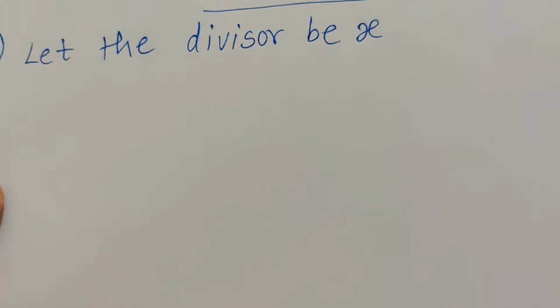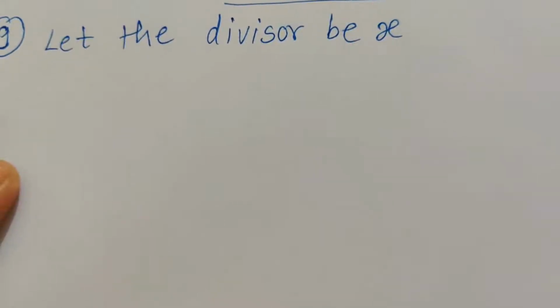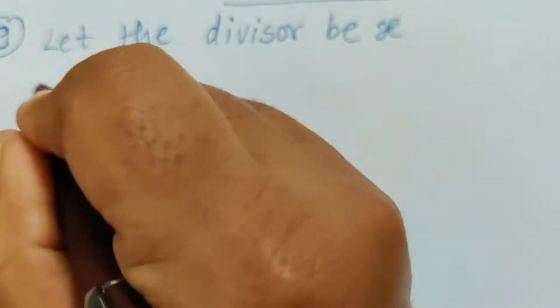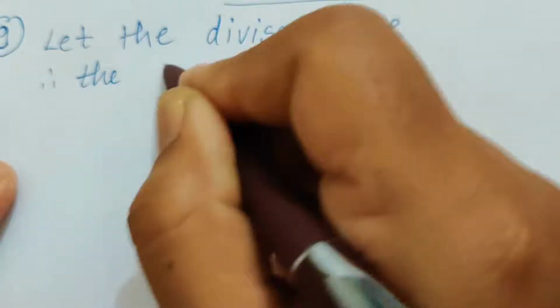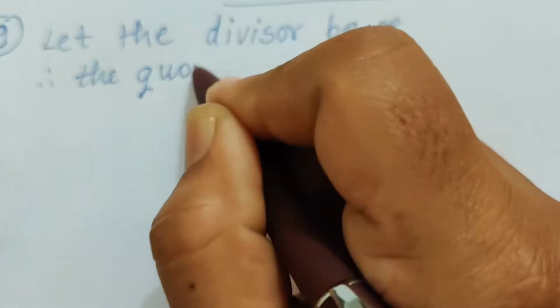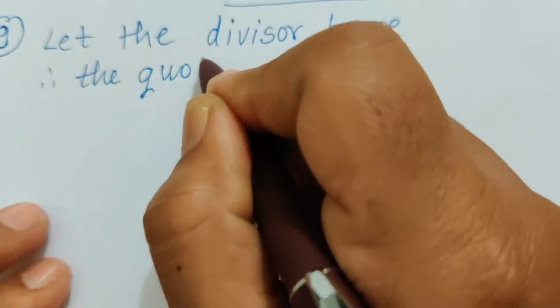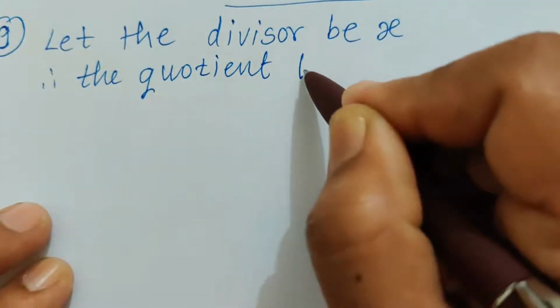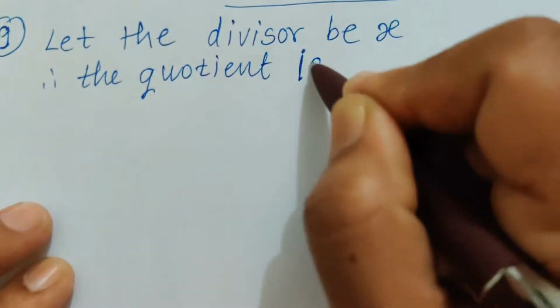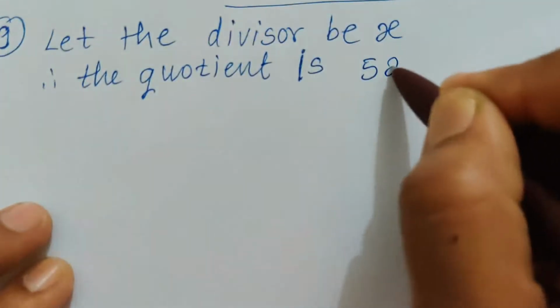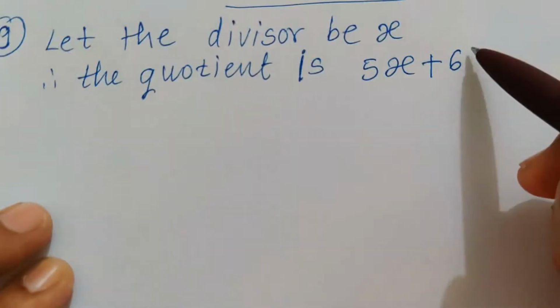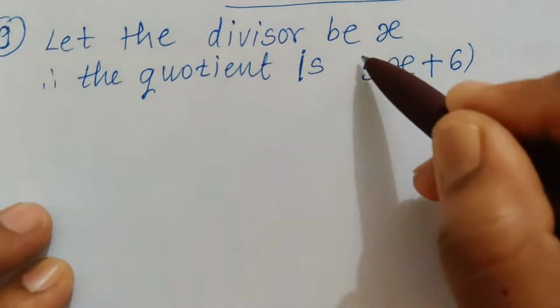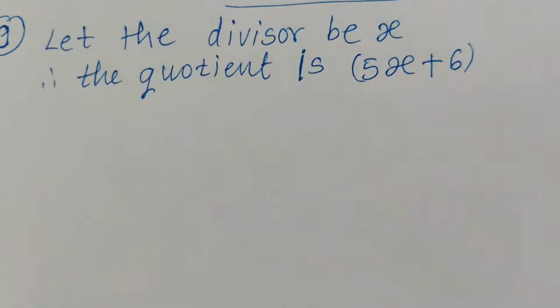So let the divisor be x, and so the quotient is 5x plus 6.